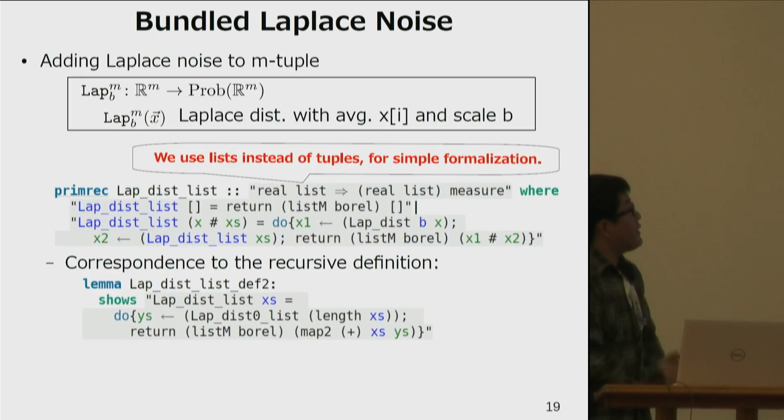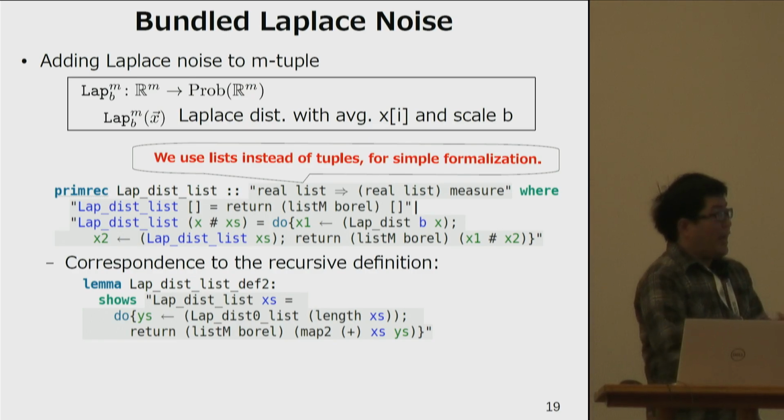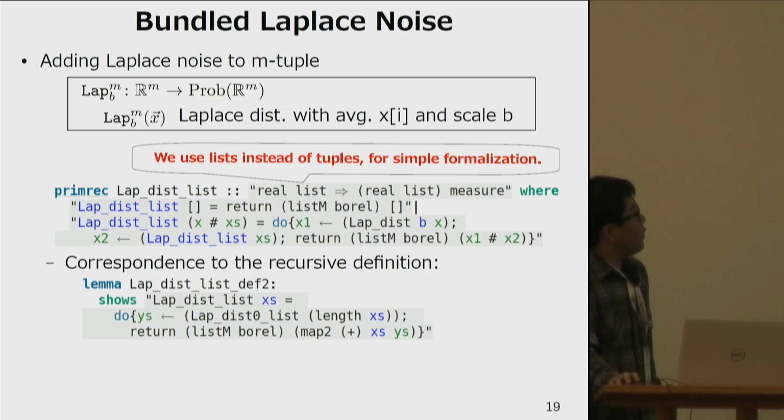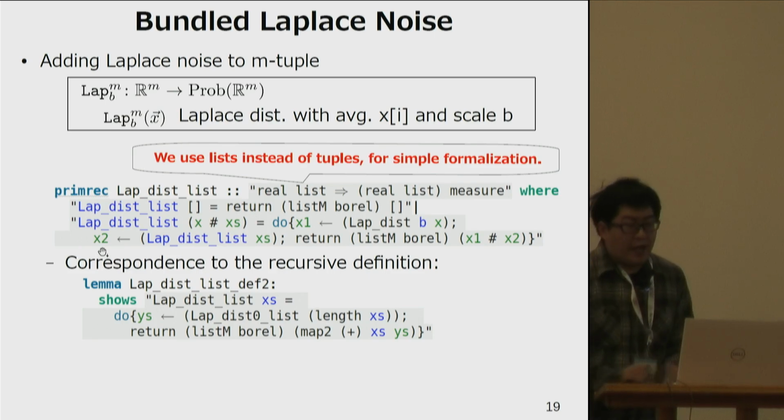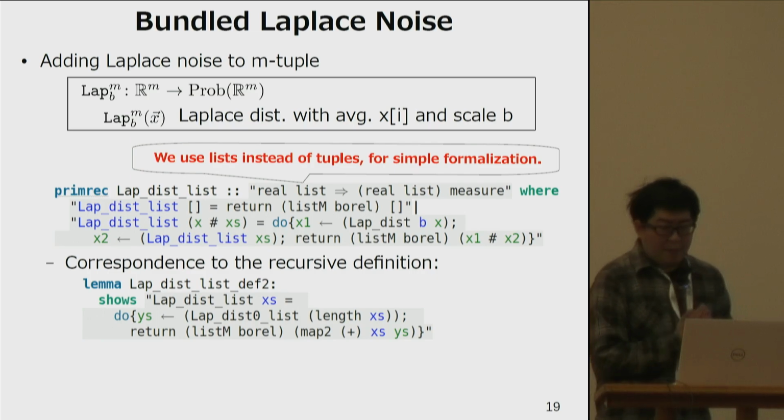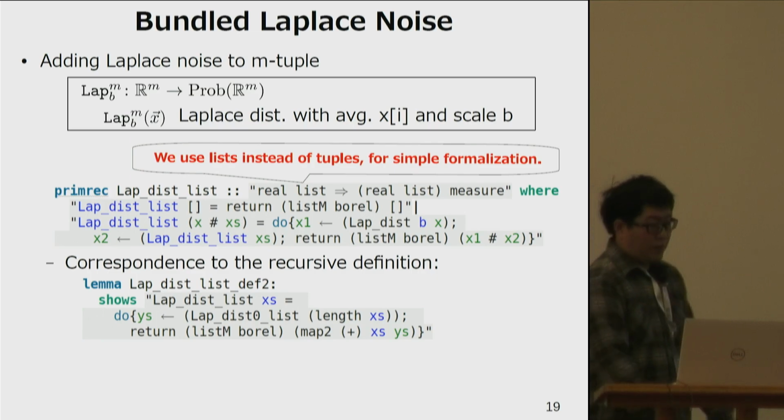Next, we consider the tuple of Laplace noise, bundles of m Laplace noises. In the formalization of this construction, we use a list instead of a tuple for simplicity of formalization.